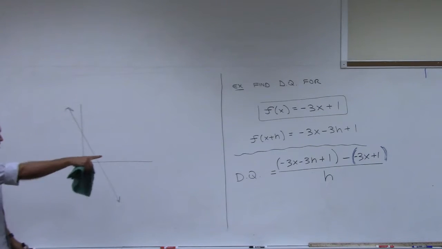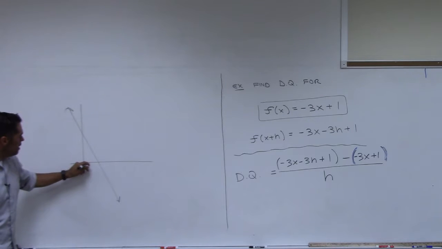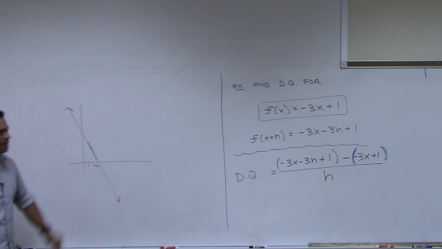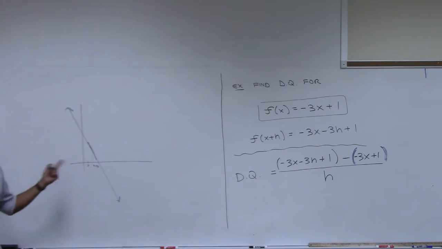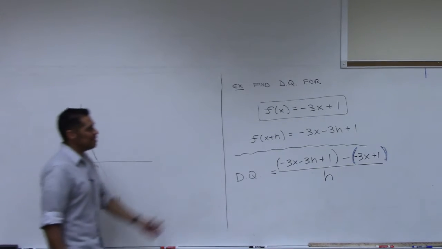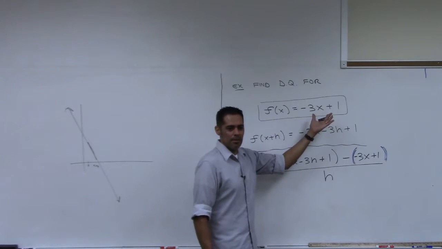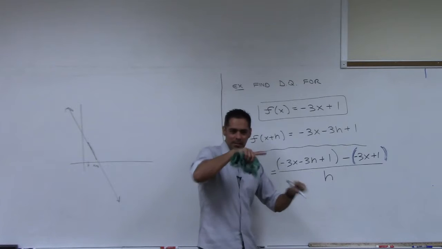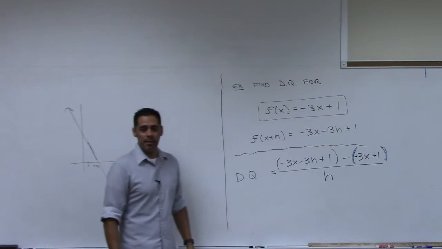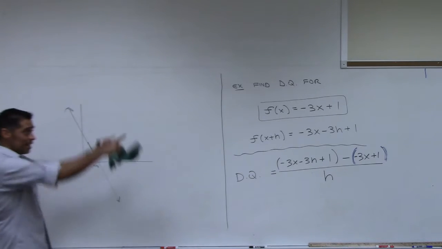And this answer should tell me if I went to x and I went to x plus h and I picked 2 points, it would give me the slope of that line, wouldn't it? But this is a line already. So what do you think the slope should be? What should this all turn out to be at the end? Negative 3. Because we started with a line. So finding the slope of a line, connecting 2 points that are already on a line, our answer should be negative 3. But it's only because we started with a line.